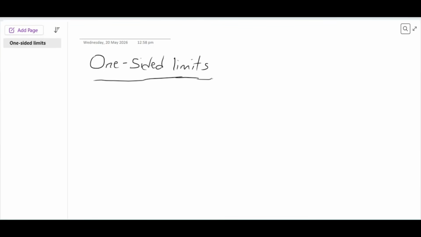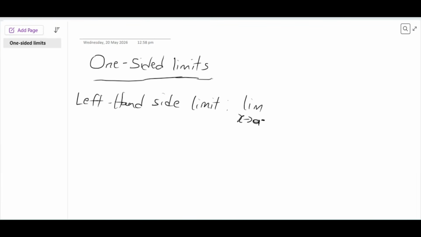We would like to look at an important concept in limits, which is the one-sided limit. This time around, we want to approach the limit from a particular side. So we have what we call the left-hand side limit, which is denoted by the limit as x approaches a from the left of f of x.